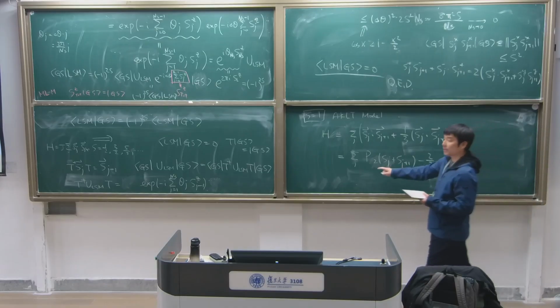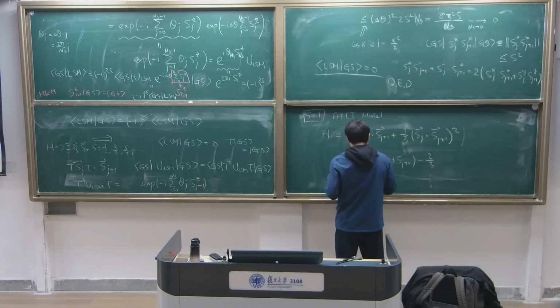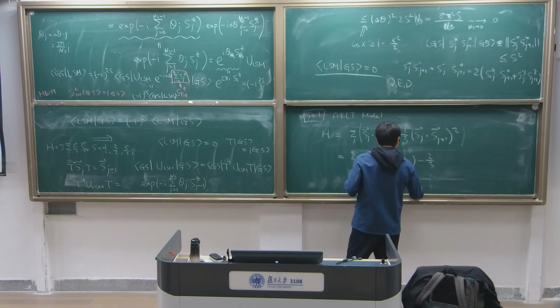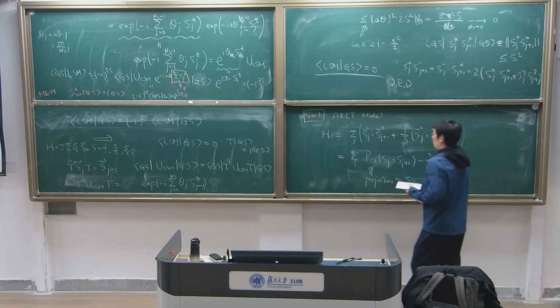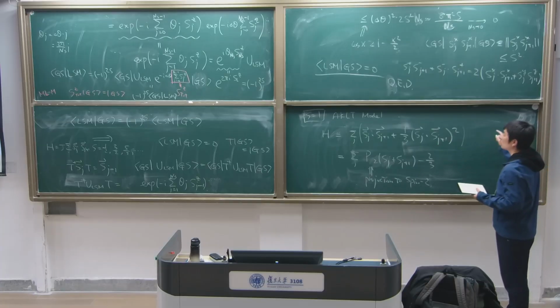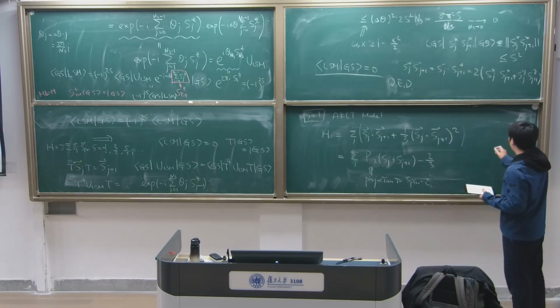So this operator is called the projection onto spin 2. Note that each spin has S equal to 1, so each site is a three-dimensional space.